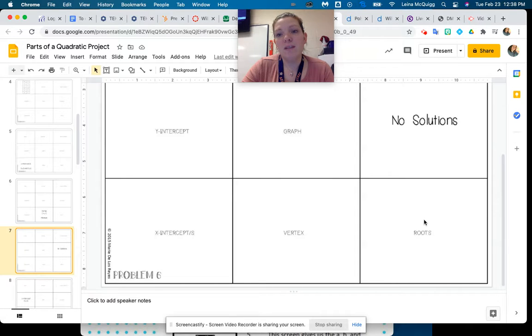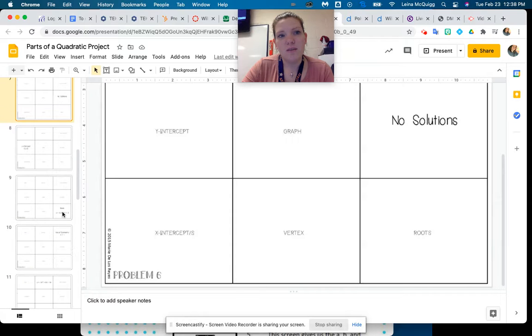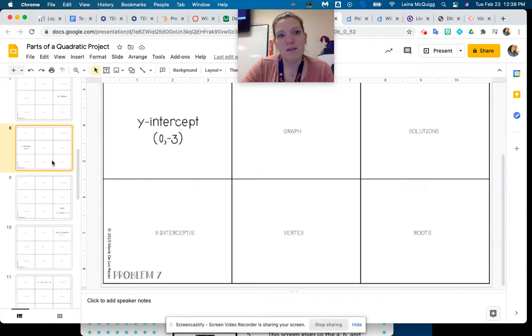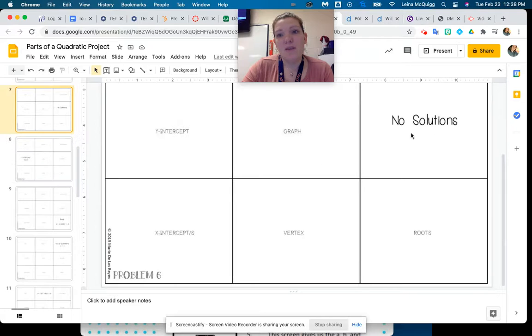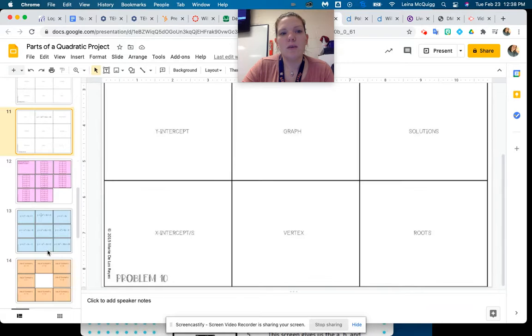No solutions, that means this needs to say no x-intercepts or none or something along those lines. And then you might look for a graph that doesn't cross the x-axis. So you can kind of work through and start building on these.